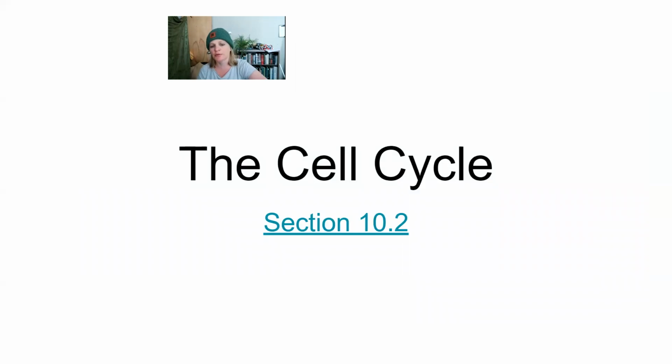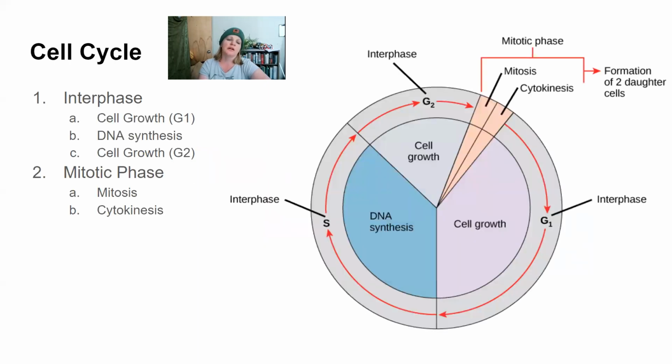Okay, so now we're ready to start talking about the cell cycle. This is section 10.2 of your textbook. The cell cycle looks like this. There are two major phases. There's interphase, where the cell's just hanging out doing its cell thing, and then there's the mitotic phase, where it's actively dividing.